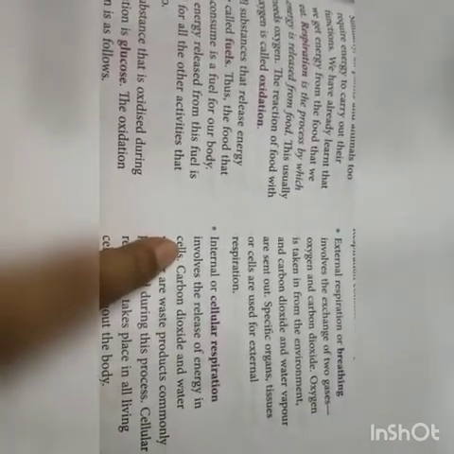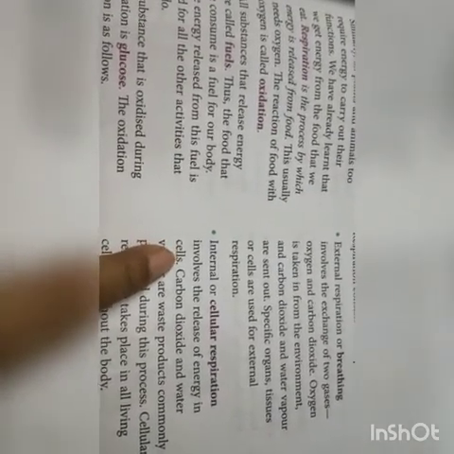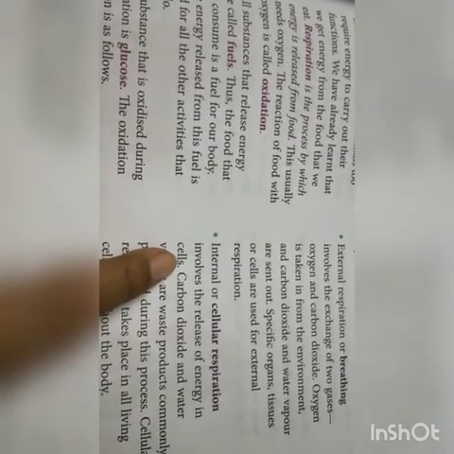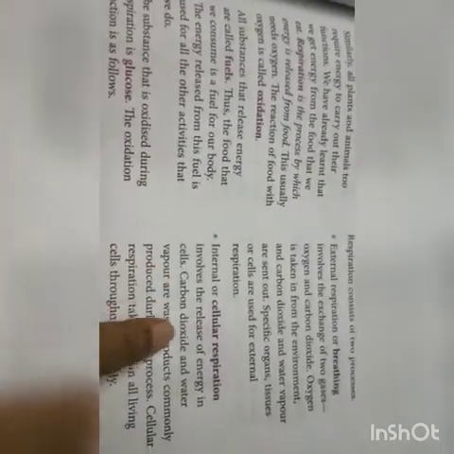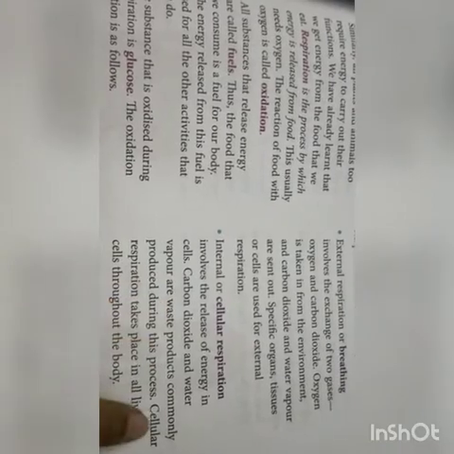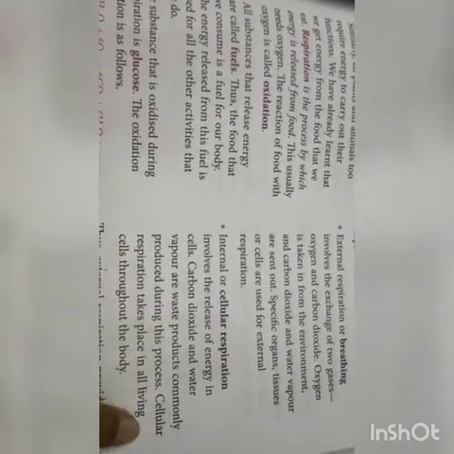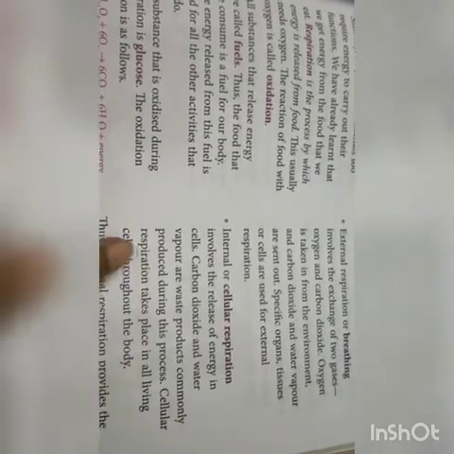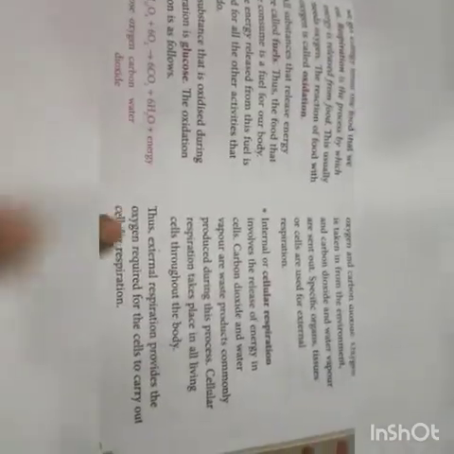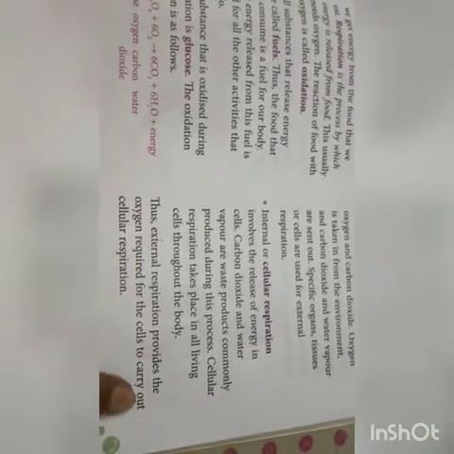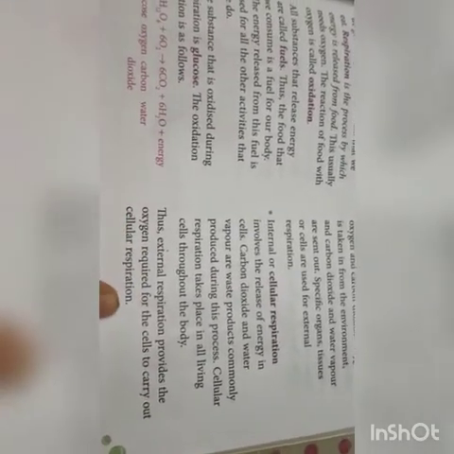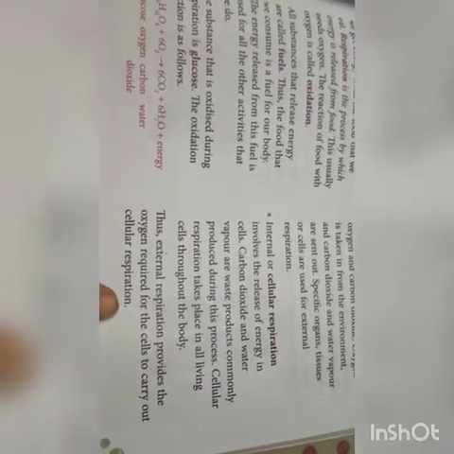You know that our body is made up of millions and billions of cells. Carbon dioxide and water vapor are waste products commonly produced during this process. Cellular respiration takes place in all living cells throughout the body. Thus, external respiration provides the oxygen required for the cells to carry out cellular respiration.